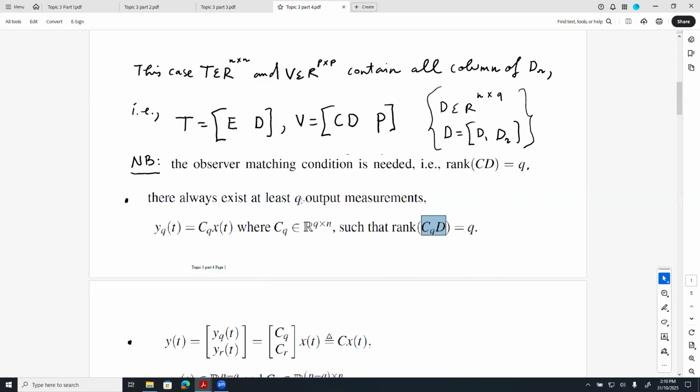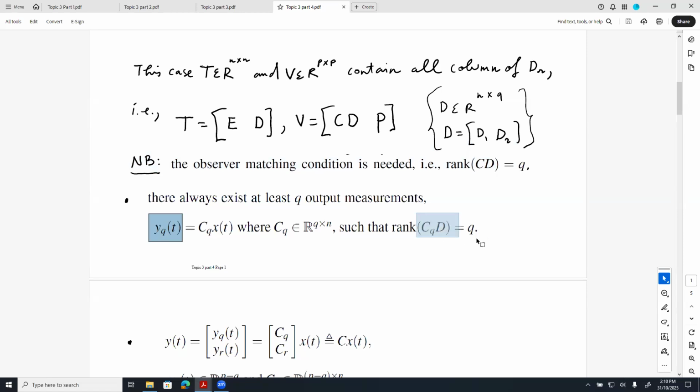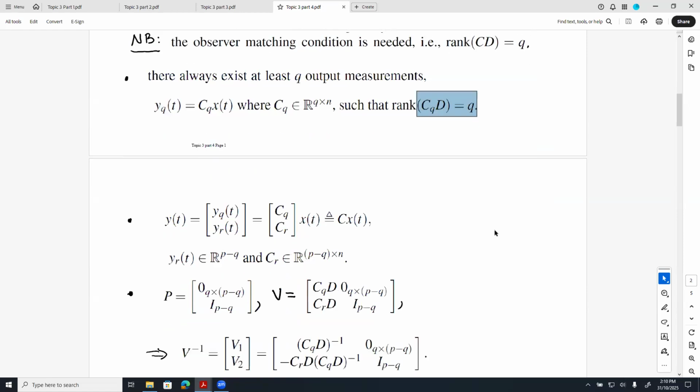All right. So under this assumption, we pick Q output measurements such that this condition holds true. And then we rearrange the output measurement vector, so the first entry contains the output measurement YQ of t, and this is the remaining YI, the remaining output measurements.